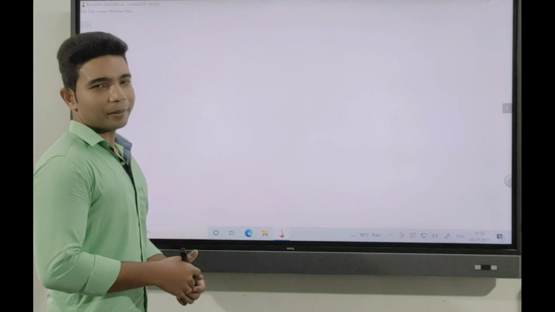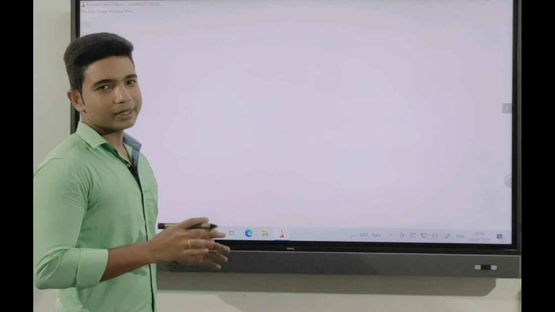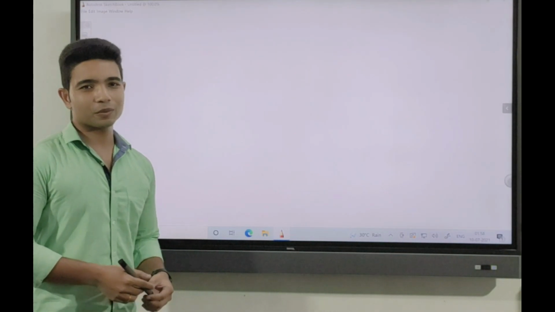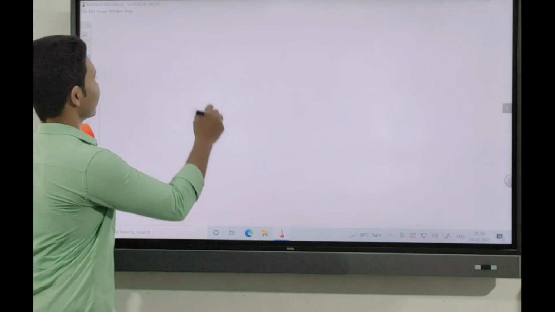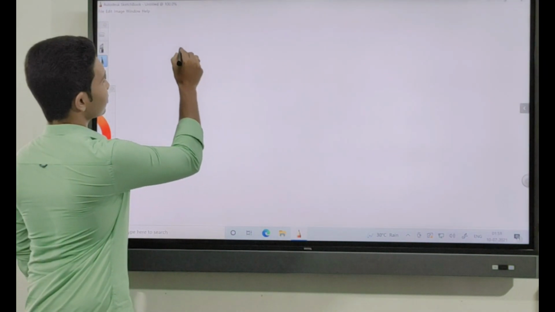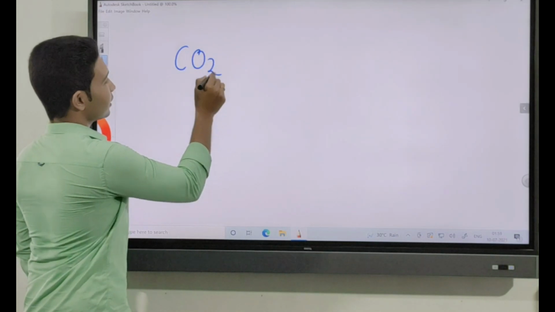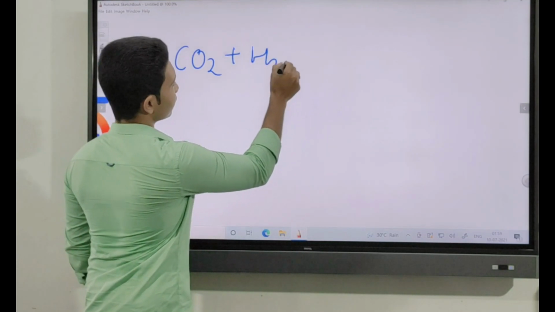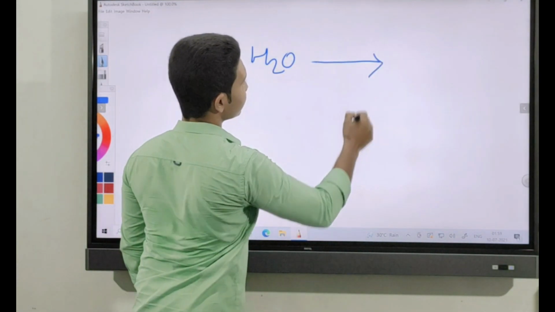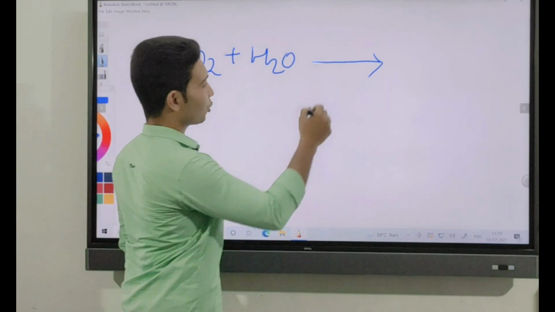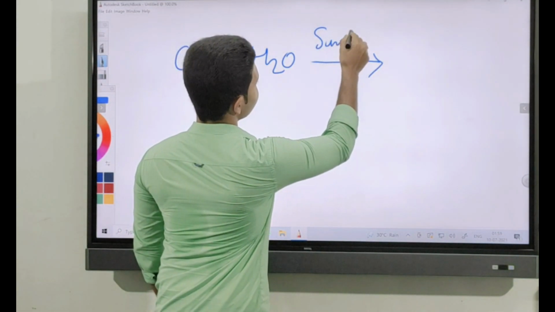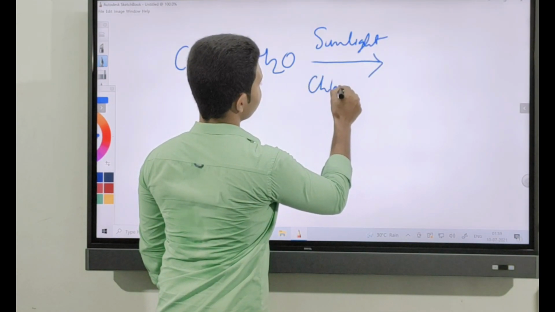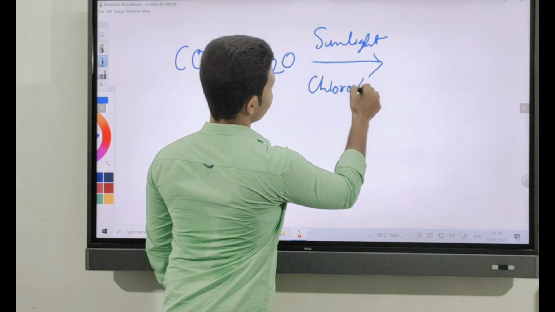For this balancing of equation, I am going to take a very simple equation which we have studied from our childhood time, that is the photosynthesis reaction. So what actually happens during the photosynthesis reaction? Carbon dioxide reacts with water in presence of sunlight as well as the plant pigment chlorophyll.